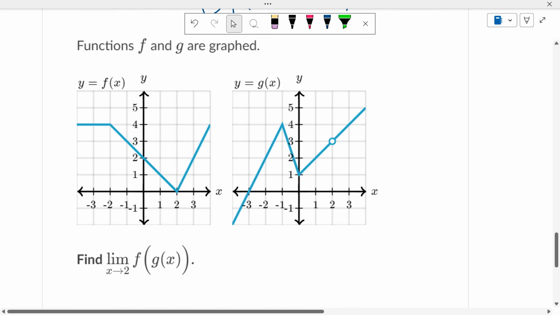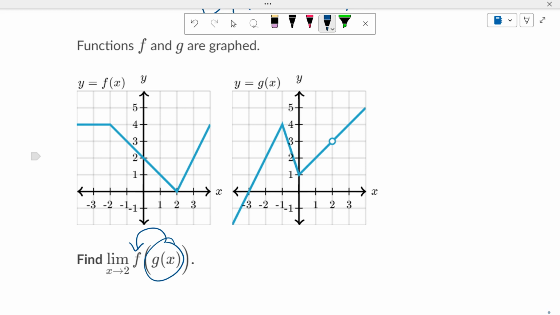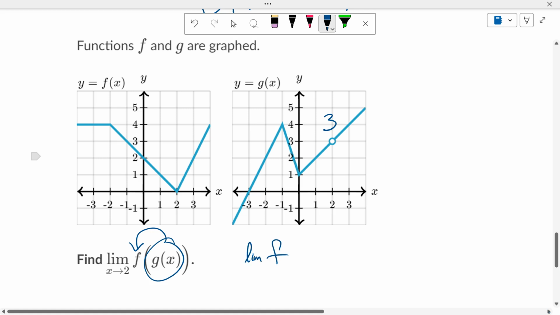Okay, composition of functions. Remember, composition of functions, we take this and plug it into that. So first we find the g function at 2. What's the g function at 2? 3, right? So then we find the f function, the limit as x approaches 3 for f of x.